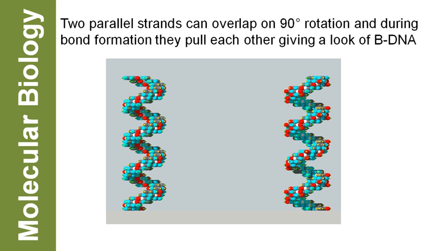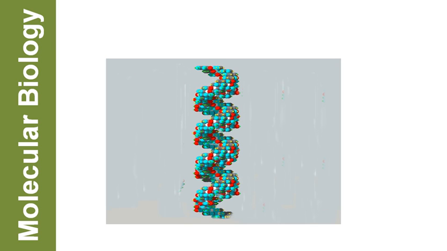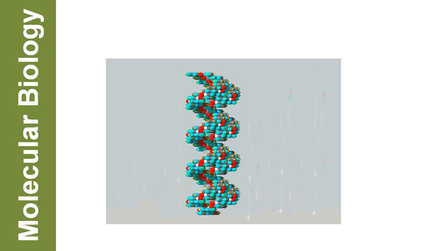You see the two strands are separate, they come closer and make closer pairing, and by slight orientation they make the double-stranded structure. Thank you.